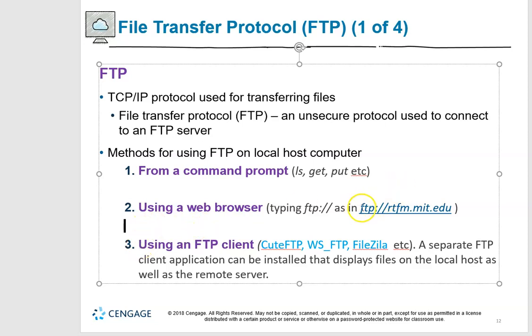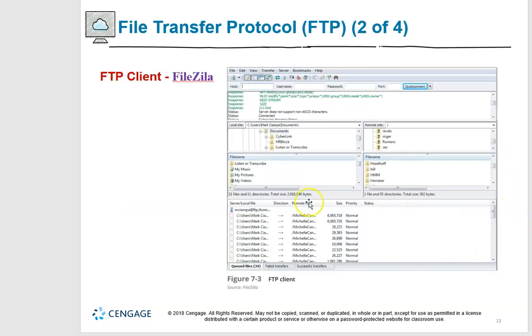Or, then you actually type this into your browser. Or, you can use an FTP client, an application that has maybe a GUI that allows you to conduct these transfers via a window-based GUI application. So here's one of those, the FTP client called FileZilla.